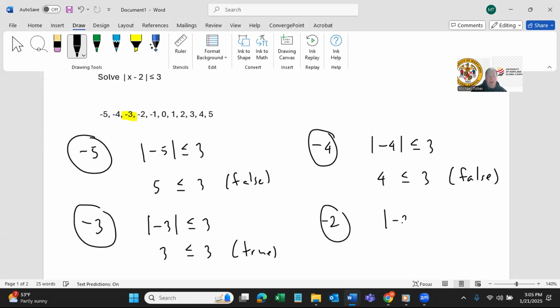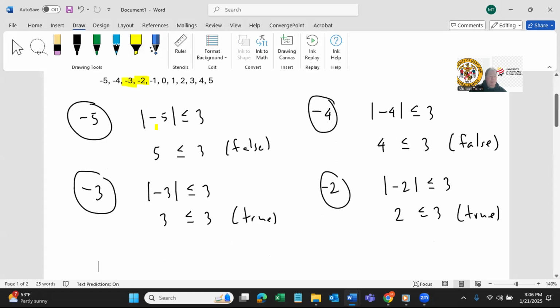Okay, let's try -2. Absolute value of -2 is less than or equal to 3. Absolute value of -2 is 2, less than or equal to 3. That's true also. So let's highlight that one. All right, -1. I think it'll be the same kind of case, but let's try it anyway.